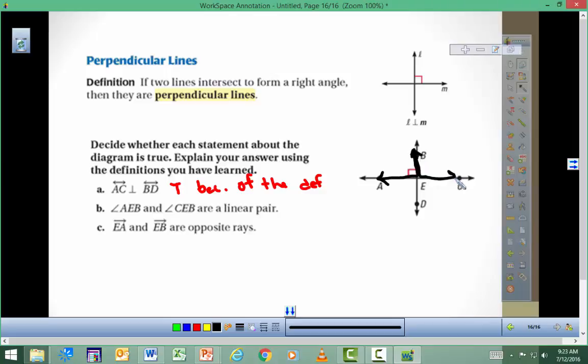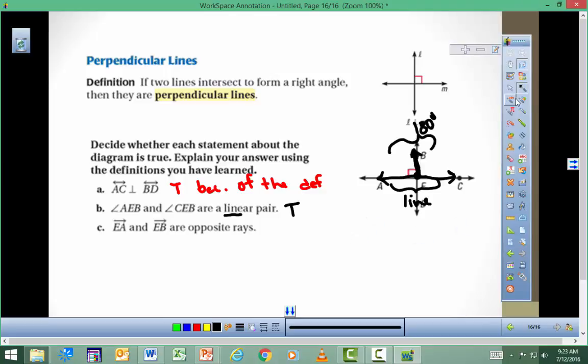And the two other rays are opposite rays. One goes this way to the left. The other goes to the right. And there is your line right here. Okay. And so, indeed, these two angles form a linear pair. That's what linear pair means. So, let's say true. And by the way, because of that, we could say that those two angles add up to be 180 degrees. Right? Because we learned earlier that linear pairs are supplementary.